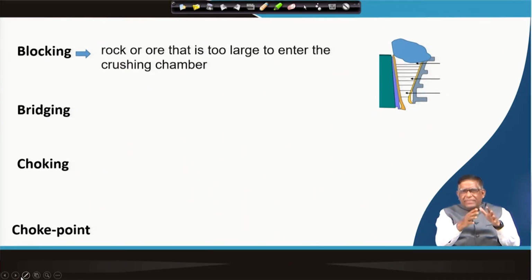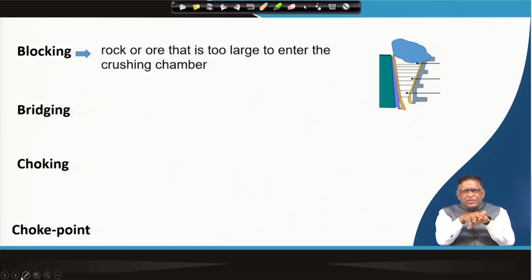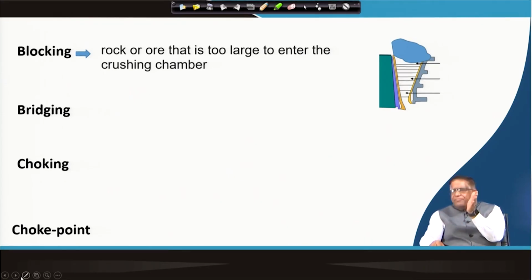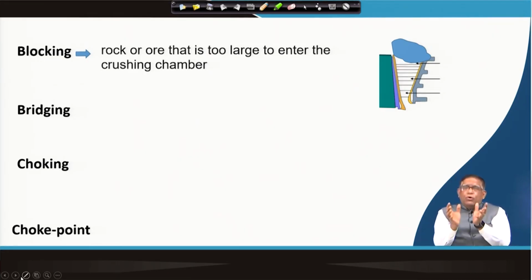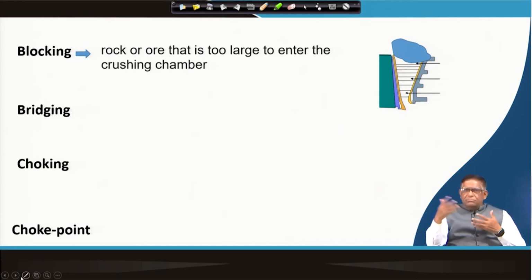this system is a grizzly. That means if any rock is put on that grizzly, only the material that fits the gap between the two rails will go. So, you allow that to go to the crusher, and whatever oversize comes, you take it out separately, maybe you do breaking again.